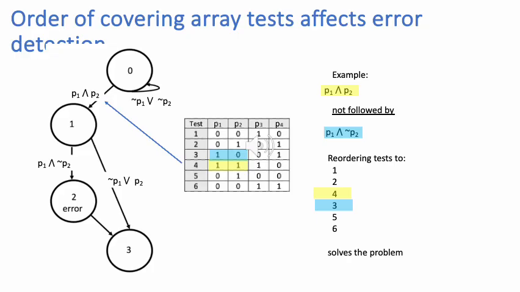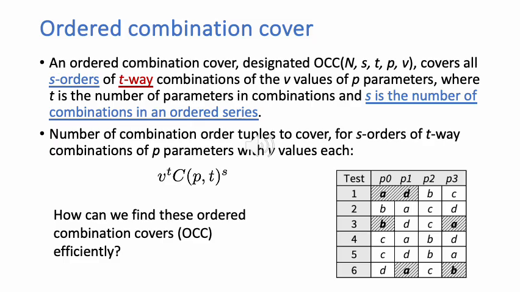So nothing surprising, but just to illustrate what we mean here. Just to define a little more formally what we're referring to, what we have are orders of T-way combinations.